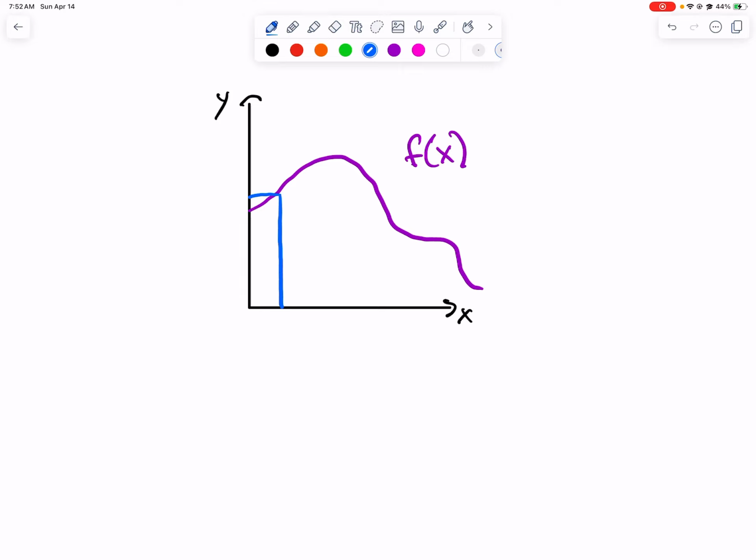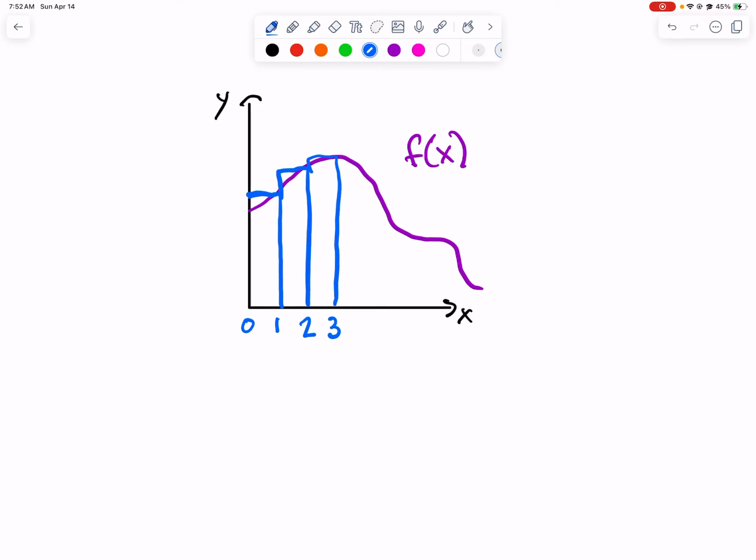So a lot of times we're going to go over 1 from 0, or 0.5 or something, but starting at this height. And we're going to repeat this process. So here's 2. Repeat the process.